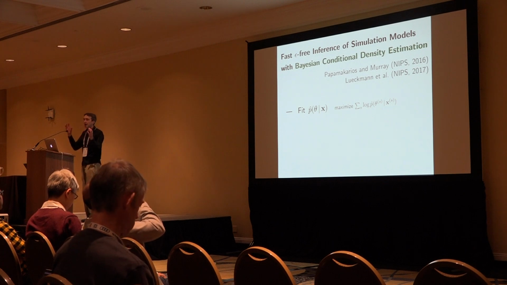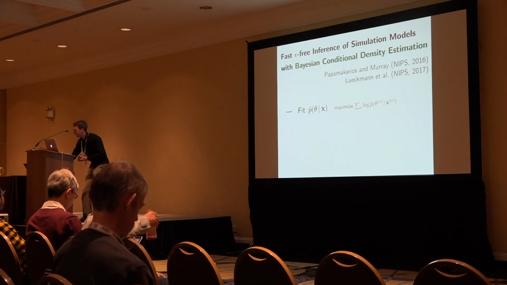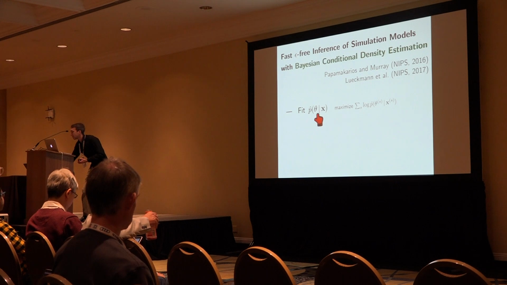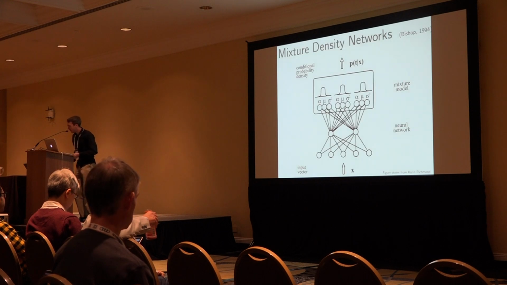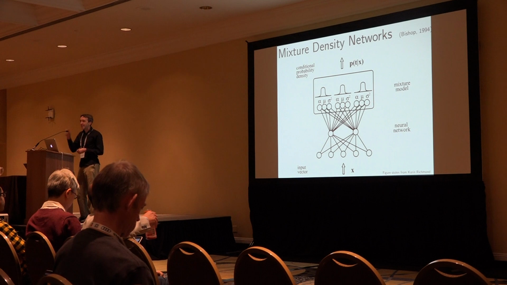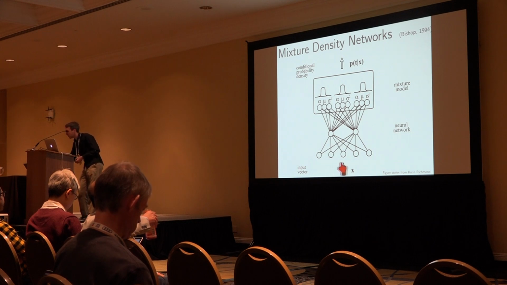But the high-level idea is that you have this data set, and you fit this conditional distribution of what do I believe about the parameters that were used to generate some power spectrum or some data. And there's old school technology behind this. So this idea of mixture density networks is in Chris Bishop's 1995 textbook. It was a tech report he wrote in 1994. You have a neural network where you throw in your data.